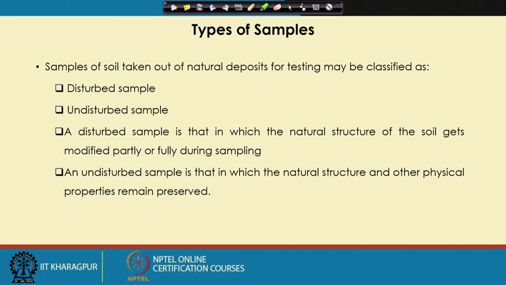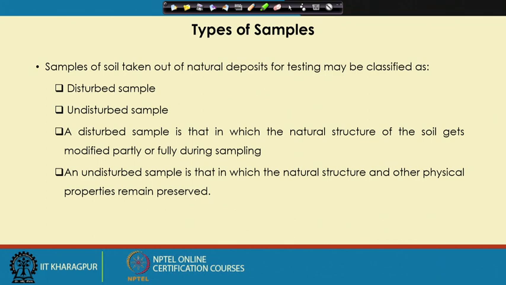That will give you a highly disturbed soil sample, and the other way, if required, is to collect the soil sample using a sampler tube. There are different types of sampler tubes by which we can collect the soil sample. Today I will discuss these sampler tubes and the disturbed and undisturbed soil samples. There are two types of soil samples, either the disturbed soil sample or the undisturbed soil sample.